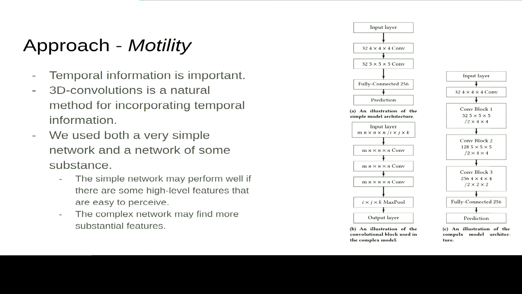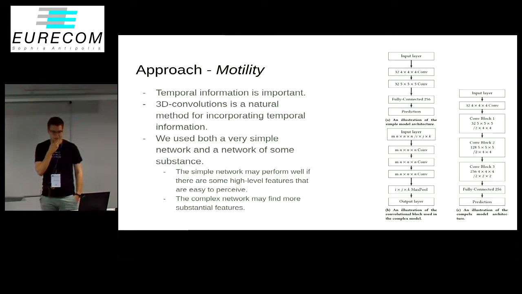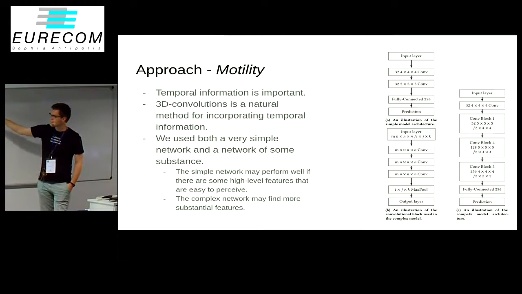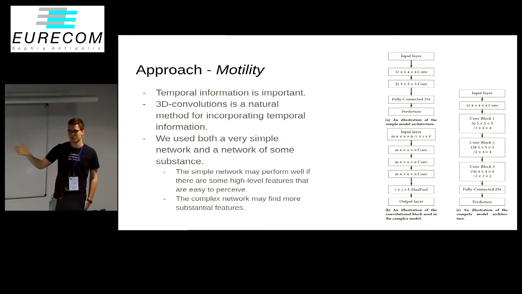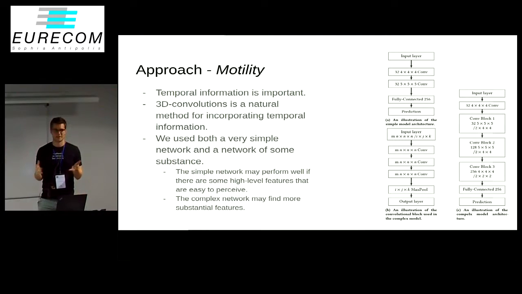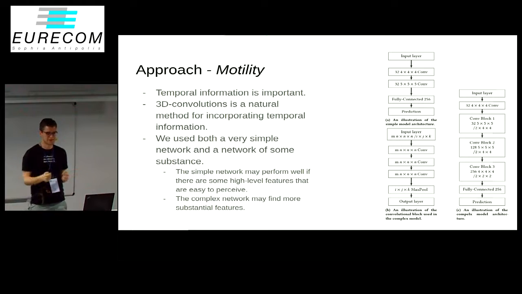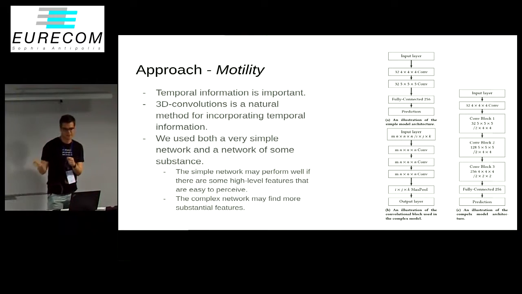So for the motility, I trained 2 models. The first one is a very simple model, only 3 networks doing something important. So this is if there's something really obvious, just trying to look at the sum of the grayscale values, and this can maybe correlate to concentration of the sperm cells, and this can again correlate to the distribution of the classes.